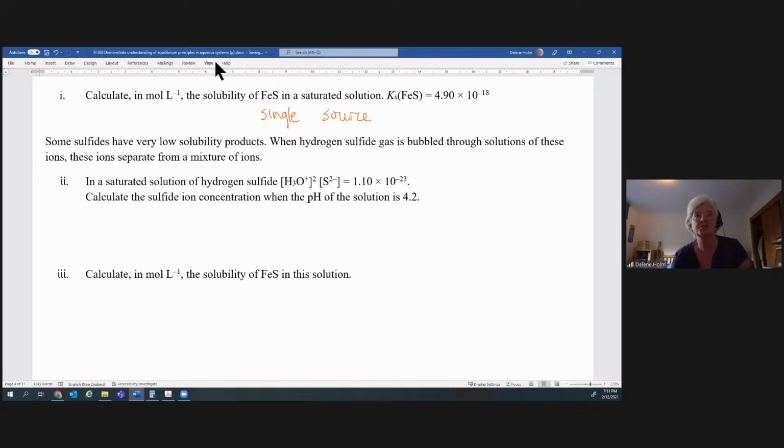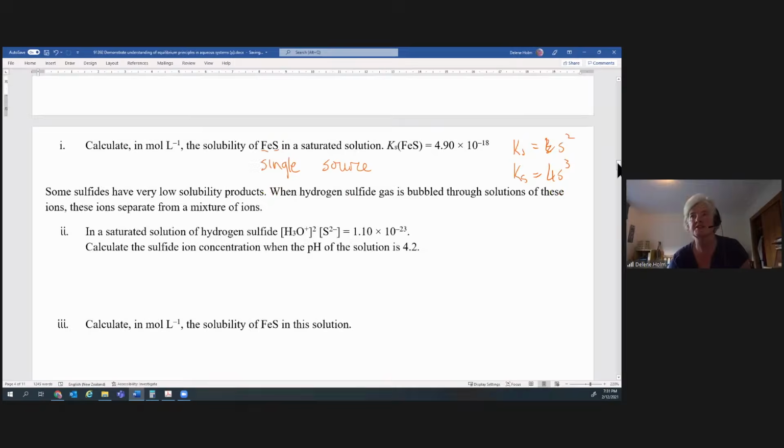So the single source here is my ions, so Fe and S only come from FeS. So that's what I mean by single source. So with single source, this is when you can use the Ks is equal to S squared, or Ks is equal to 4S cubed, when both my ions come from one source.